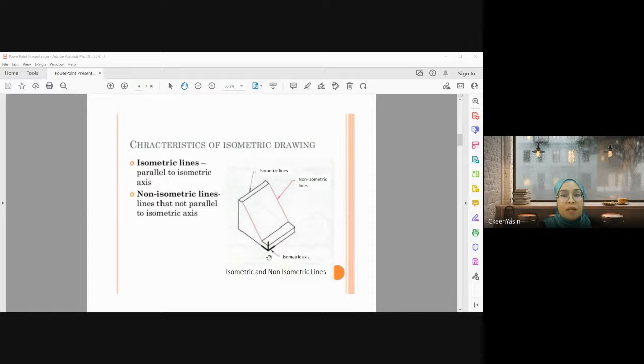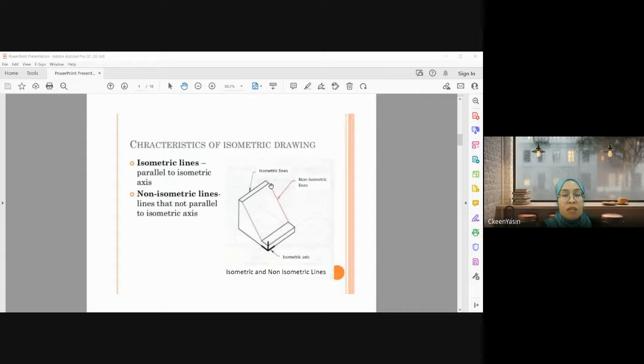Nampak tak tu, dia adalah sama, parallel. Kalau kita tengok on top and below, it is actually the same. Parallel.